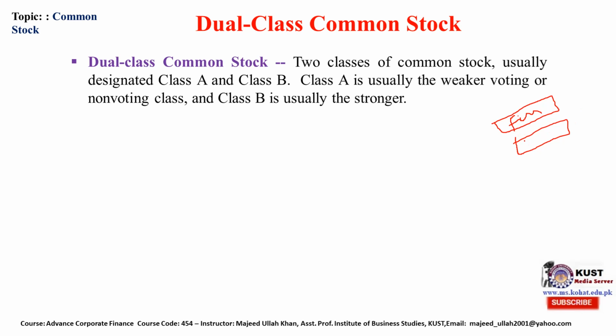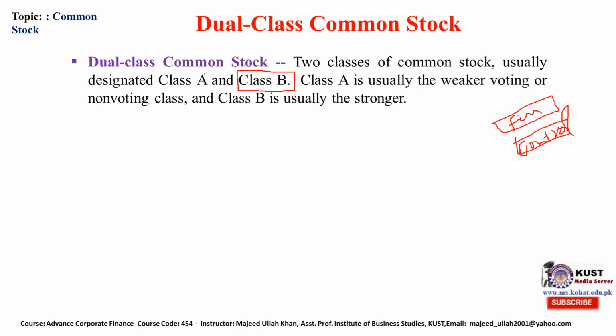Let's suppose they need financing and they also need control of the company. In this case, dual classes of shares are introduced. In Pakistan, this class A or class B categorization no longer exists. Class B shares are banned by the government.